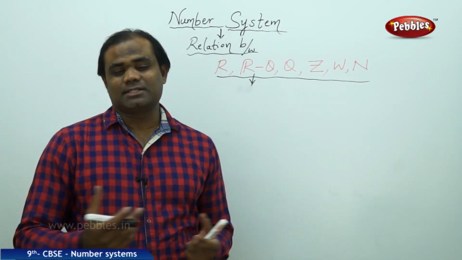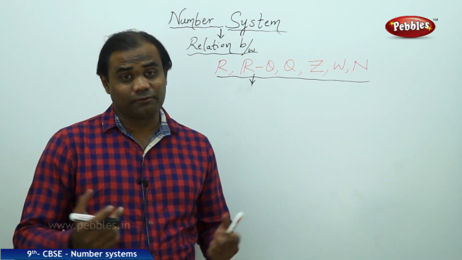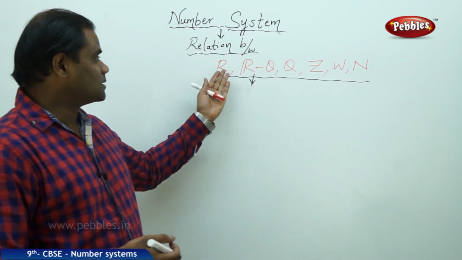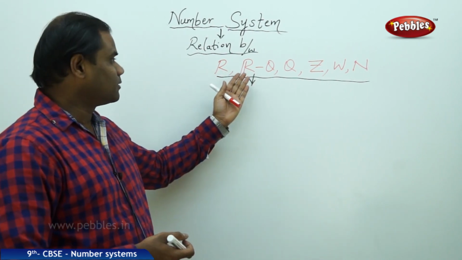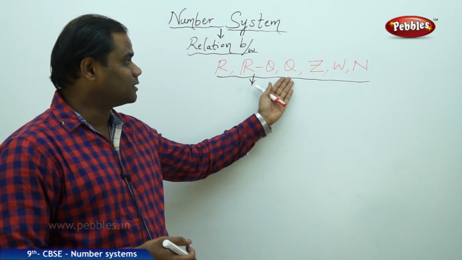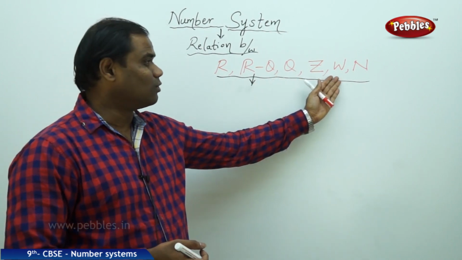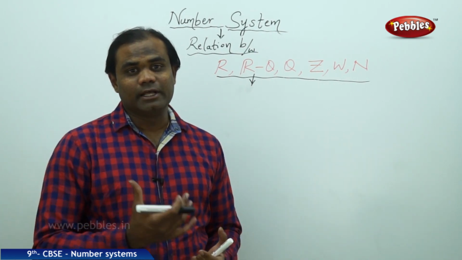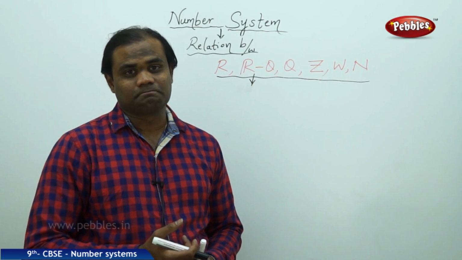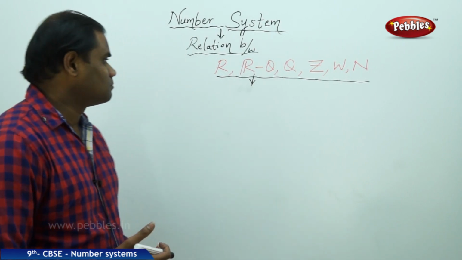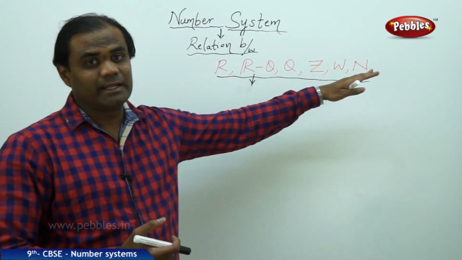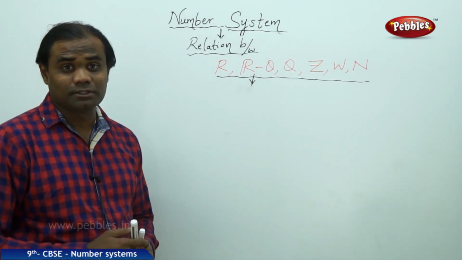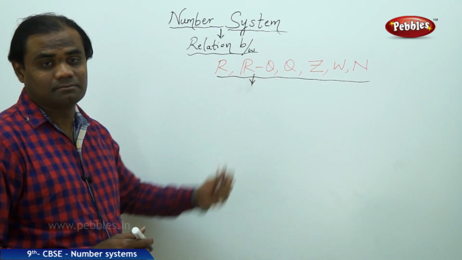Now that we have discussed the different types of sets of numbers in the number system, let's compare the set of real numbers, set of irrational numbers, set of rational numbers, set of integers, set of whole numbers and set of natural numbers combined together, and the relation of each to the other. This is more important in understanding through the Venn diagrammatic representation. So let's take the Venn diagram to understand each of the sets.